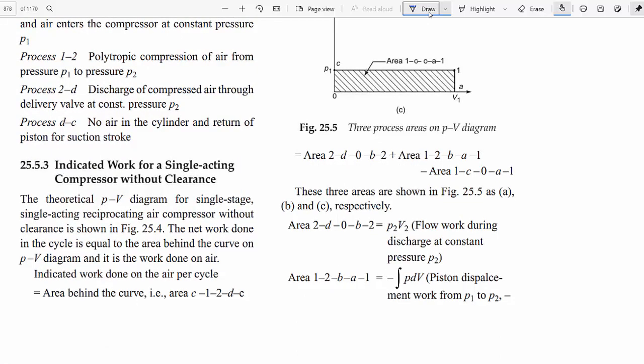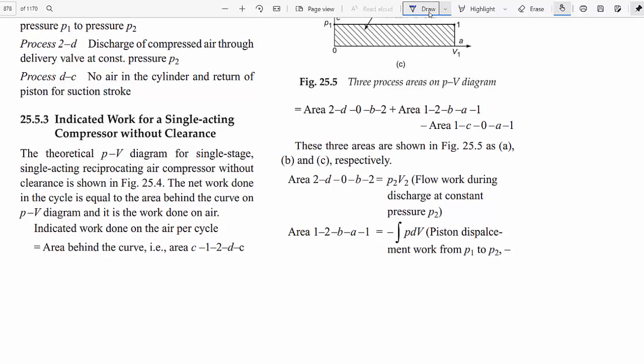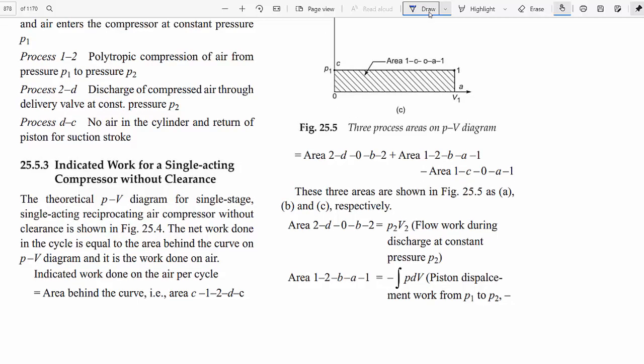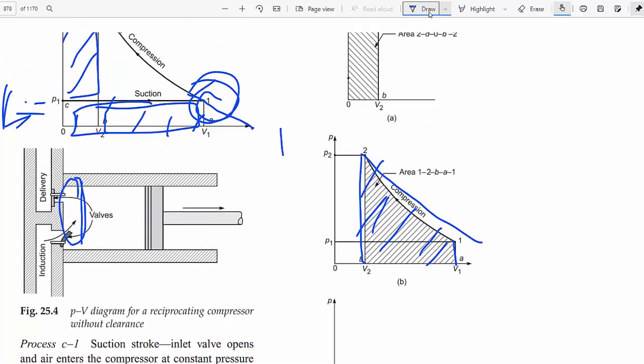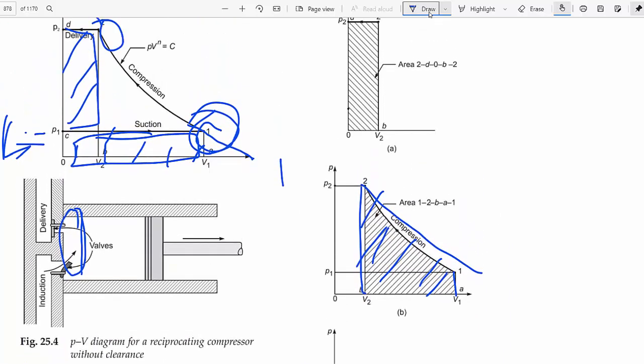These three areas are shown in the figure. The first area is a rectangle of length times breadth, with length V2 and height P2, so the area is P2 into V2.